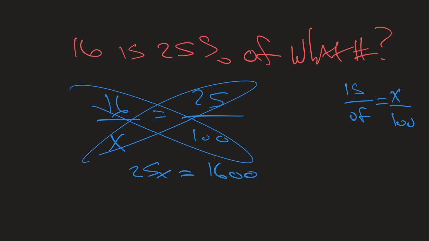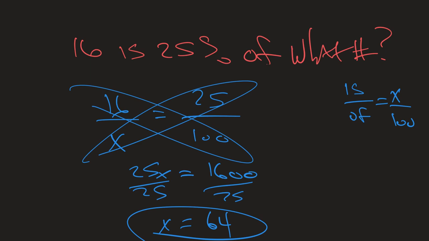Divide both sides by 25. X equals 64. So if you're getting a 25% discount on something and it was $16, that means you were going to pay $64 for that.